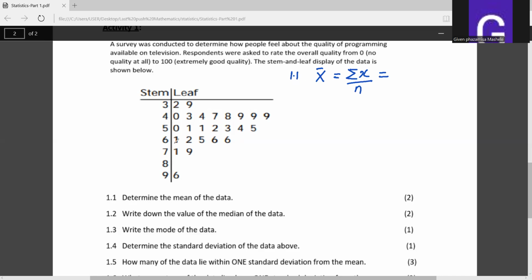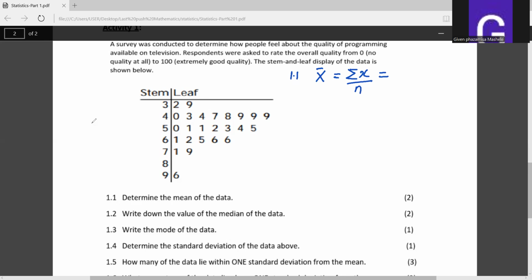To do that, guys, it's simple. We just use our Casio, or any calculator that is non-programmable, particularly for grade 12, and it can enable you to answer the question.